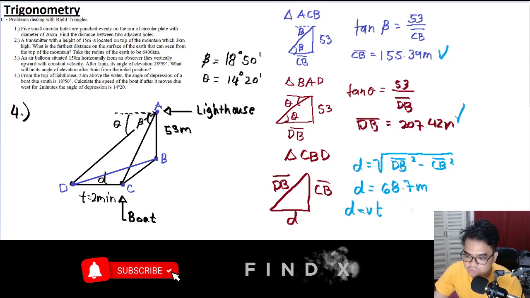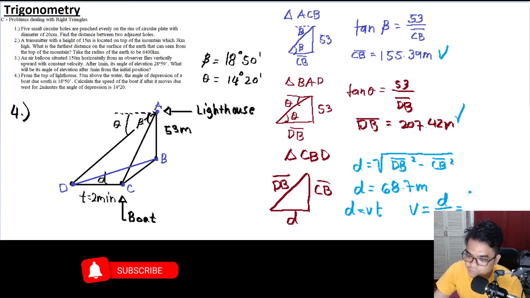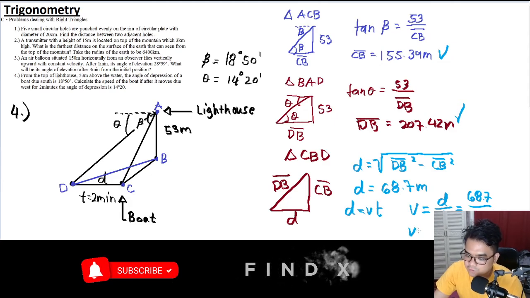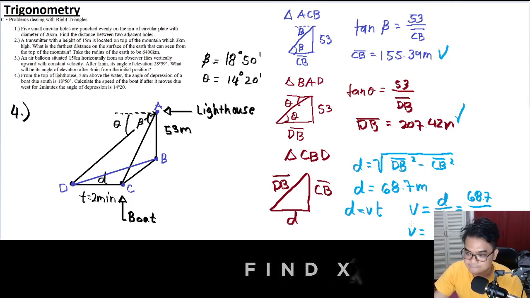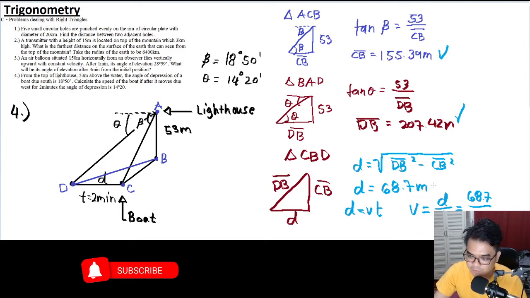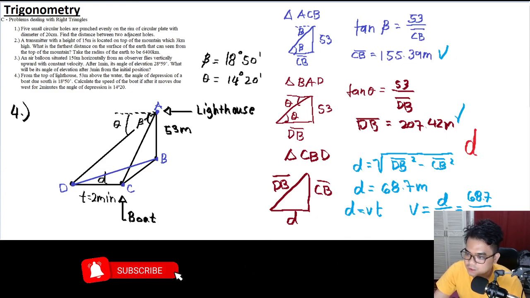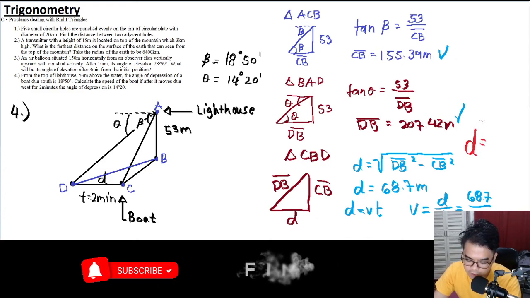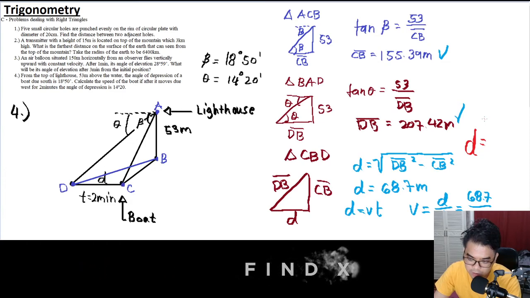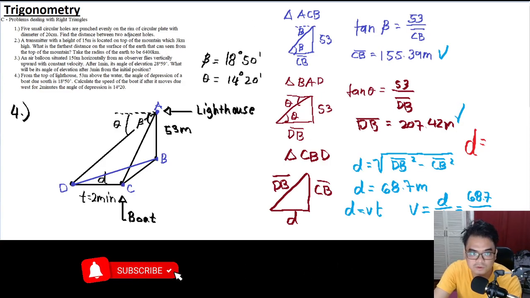Therefore, V is equal to D over T, which is 137.4 over 2.